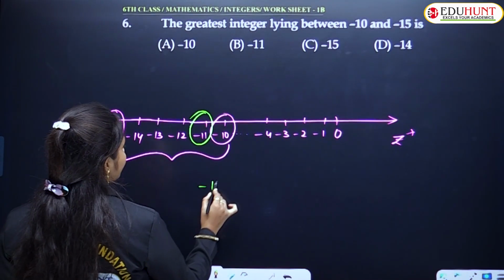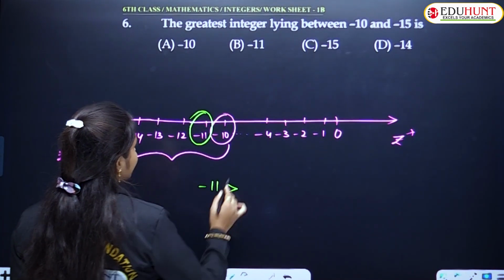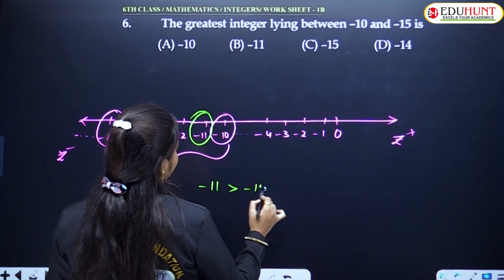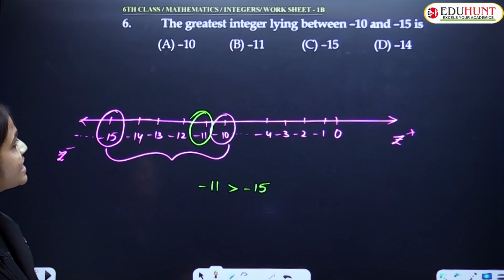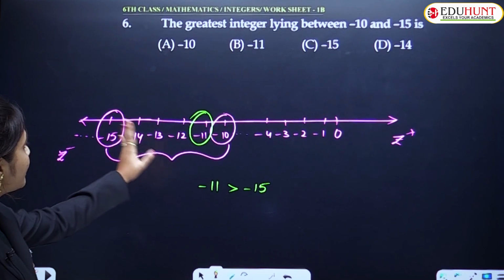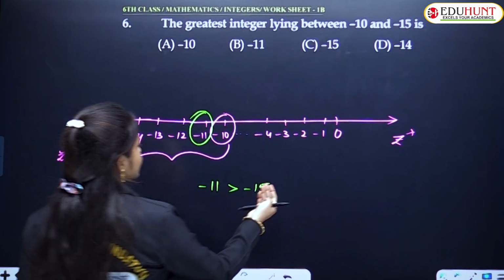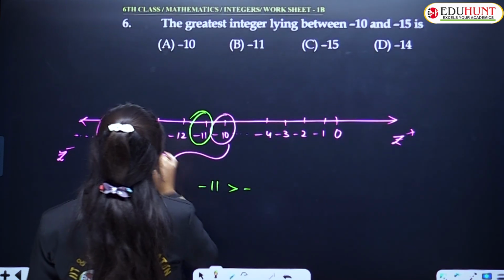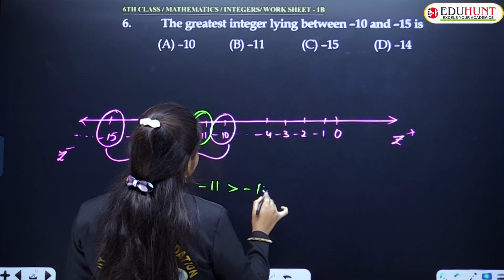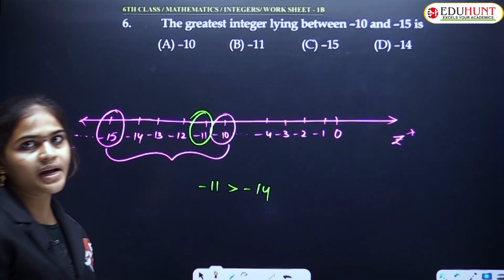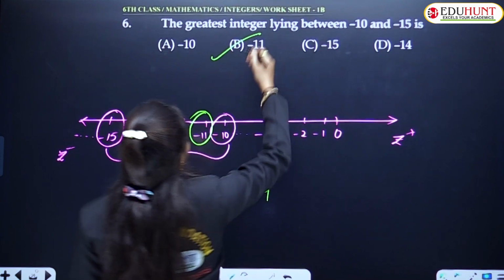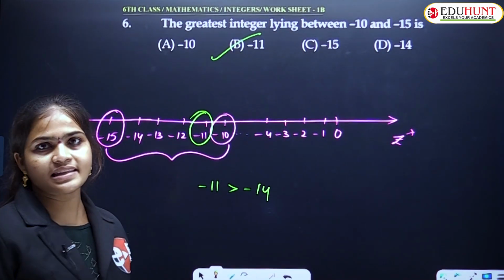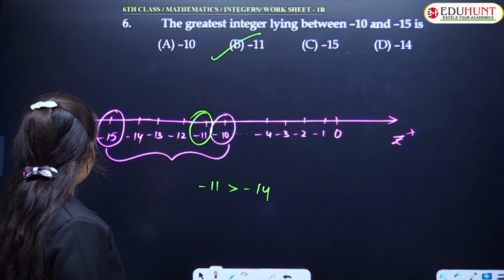Minus 11 is greater than minus 15. Understand? And in the same way, what is the greatest number in between minus 15 and minus 10 they are asking, no? So easily here you can write minus 14 to minus 10. So minus 11 is greater than minus 14. As per this, what is the answer? Here minus 11. Option B is correct. Understand?